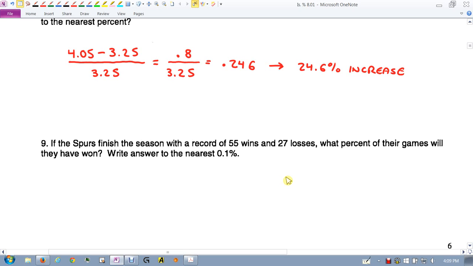They played 82? 82 games total. How many of them did they win? 55. So 55 out of 82 is the percent wins. We'll convert from a decimal to a percent. 0.67. I'm rounding here. I'm not including all these numbers, so 67% wins.